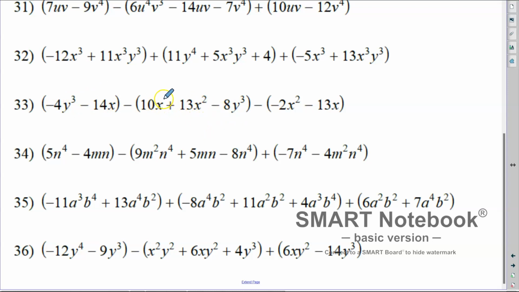So basically all the parentheses are going bye-bye, but before I do that, I have to distribute these minus signs. Up here, it's not a problem. Let me start up here.